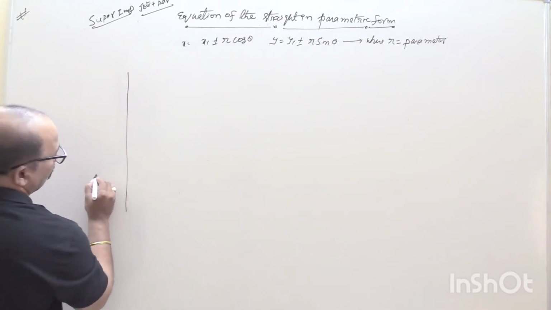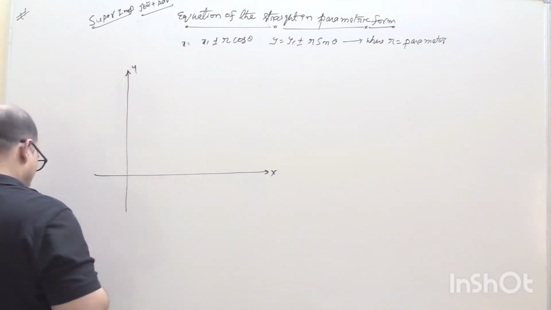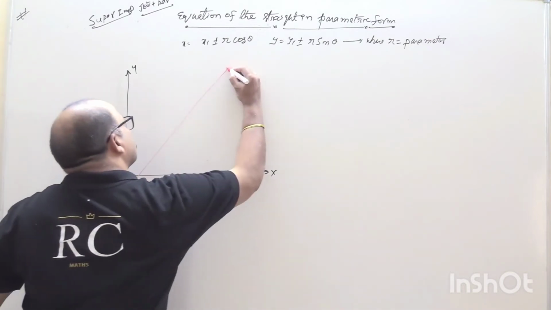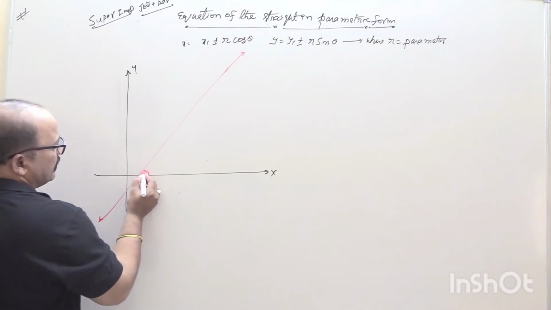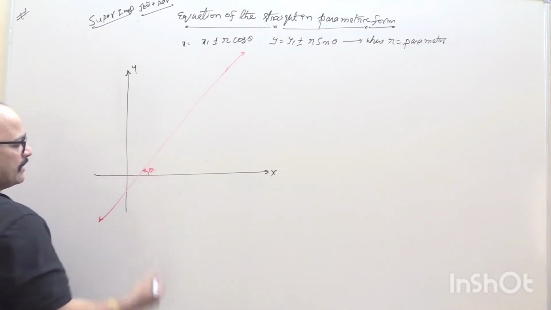This is the line, students. This is my highway, national highway, one red color line. This is theta, the inclination with the x axis in anti-clockwise direction.